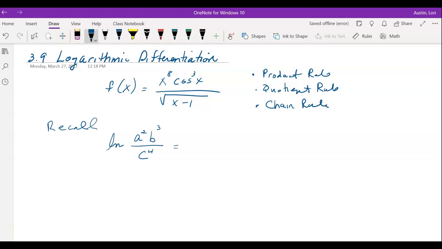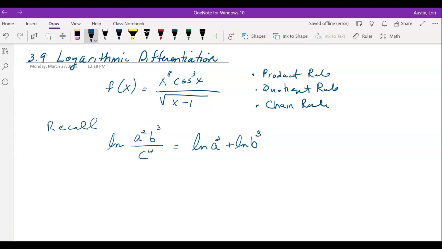One of them states, well, if you have two variables multiplied together, and you have to take the natural log of those two variables multiplied together, such as a squared times b cubed, you can separate them as ln of a squared plus ln of b cubed.